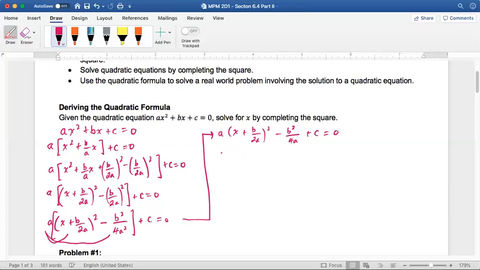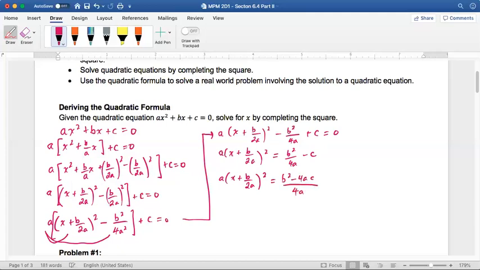At this point, we can clean this up a bit. Actually, we'll bring everything over to the other side. We'll get b squared over 4a minus c, and we'll clean that right side up by finding common denominators. So we'll get b squared minus 4ac all over 4a.